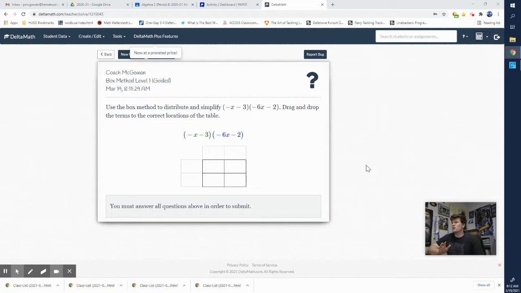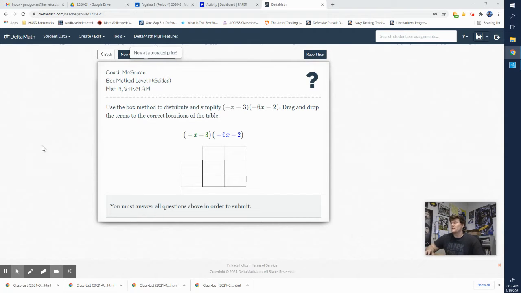We're going to start off kind of slow, and we're just going to work with a binomial times a binomial, and you're going to see how box method also works instead of FOIL. And then from there, we'll see how it is the only thing that works because FOIL won't work. So, learning objective for the day, we're talking about multiplying any polynomial with the box method.